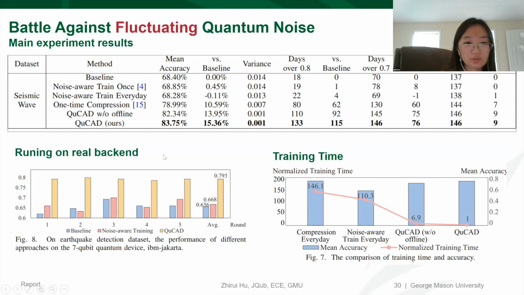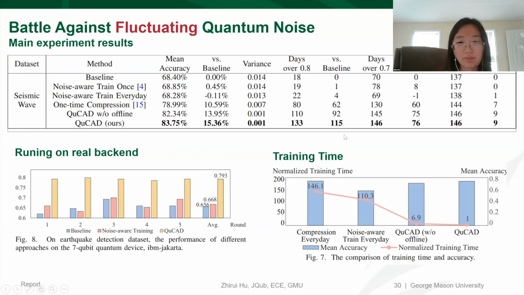We can just use several points to represent the fluctuating noise. We test the model on the real quantum device for the baseline, noise-aware training, and our method, and our method gets the highest accuracy.